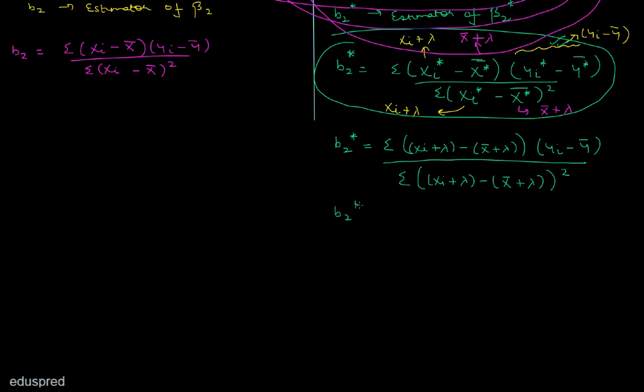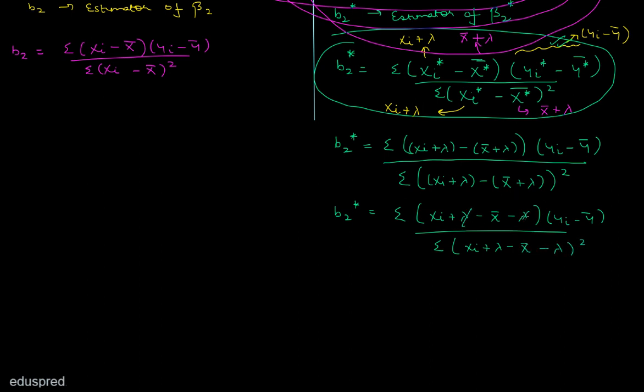Now this can be written as summation of xi plus lambda minus x bar minus lambda, because there was a common minus sign over here, multiplied with yi minus y bar, divided by summation of xi plus lambda minus x bar minus lambda whole square.